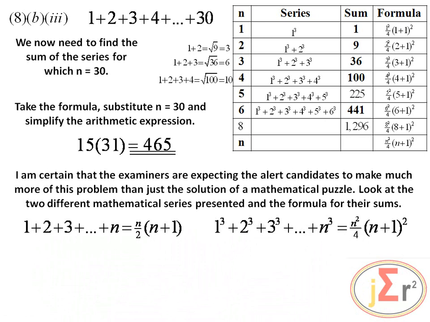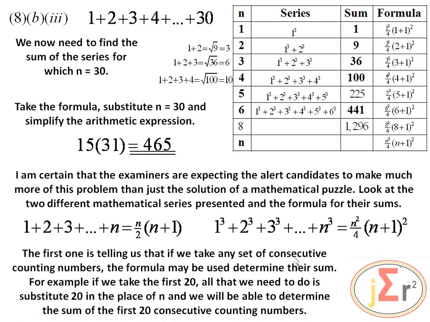As a matter of fact, we discovered already that when we have the sum of cubes, which is this one, all we need to do is take the square root of it and we have the sum of the numbers all the way up to and including the final one.